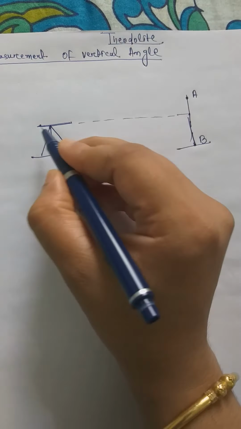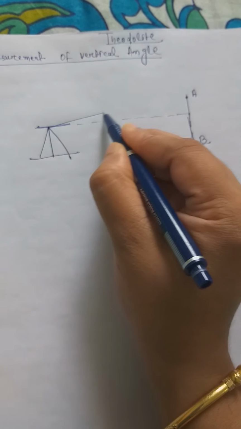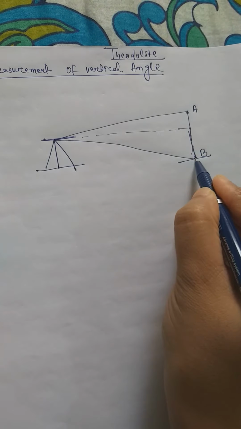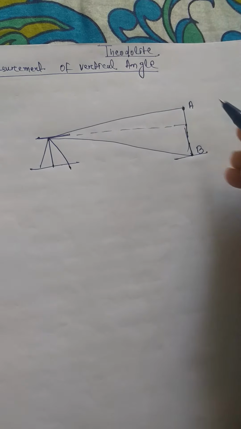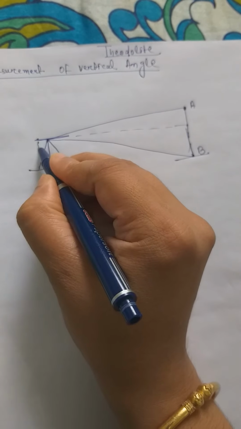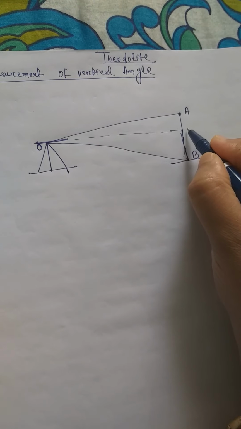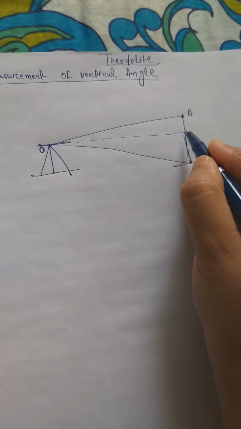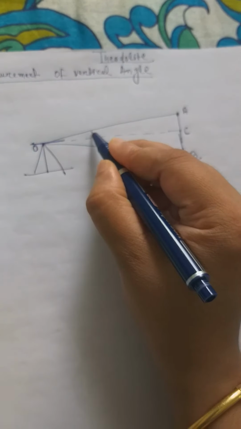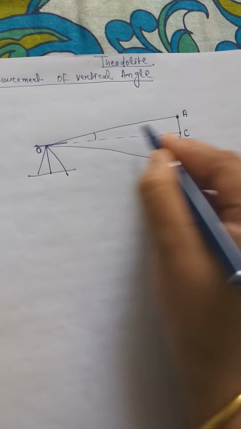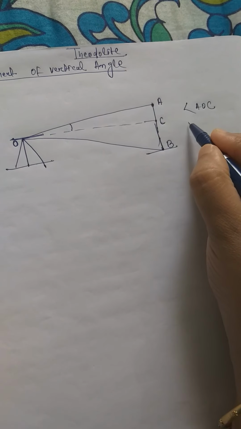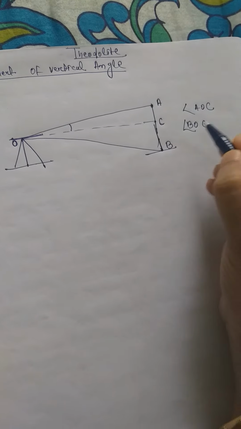We have to measure the vertical angle. Here one point is A and another point is B. The central point is O, and the central axis which meets the staff is called C. Here we have to measure the AOC angle and the BOC angle.